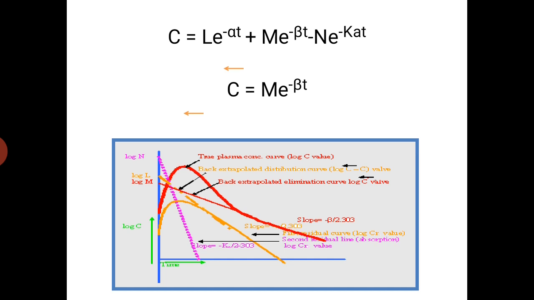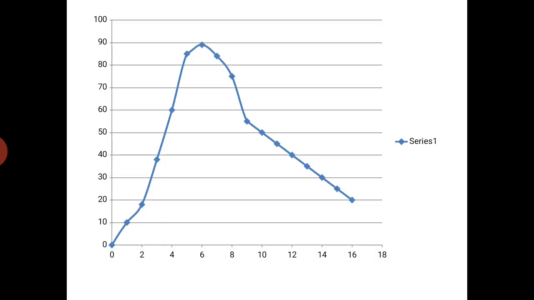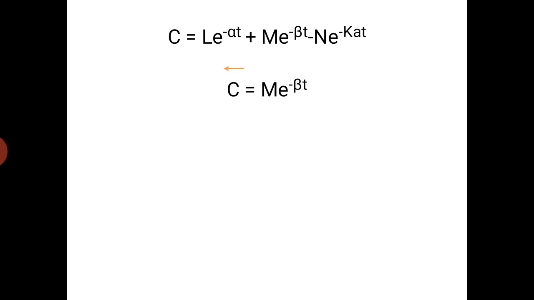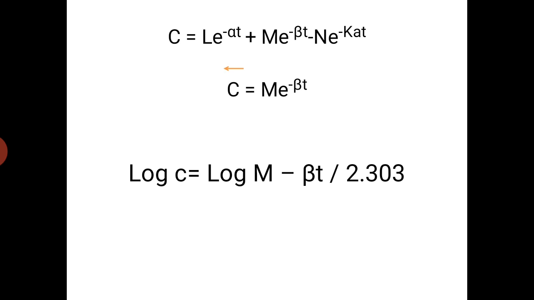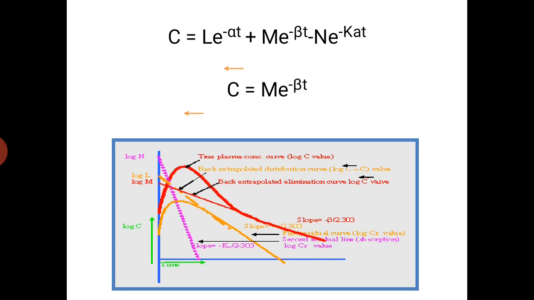So what does the y-intercept represent? The y-intercept represents the log M, that is capital M. The equation for this line is log C back extrapolated equal to log M minus beta t divided by 2.303. So this is the equation for the back extrapolated line.